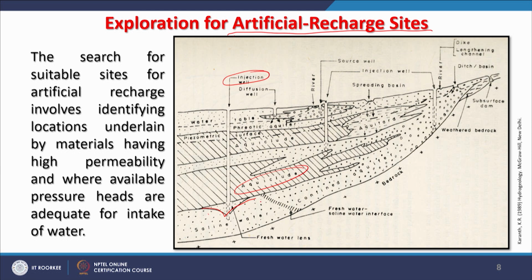Unfortunately, in this example we have an interface, so only the top part has fresh water, the rest has saline water, and in between you can also have confined aquifer conditions, which continue here. So, when you inject the water through this, it will recharge our aquifers, maybe even confined aquifers.